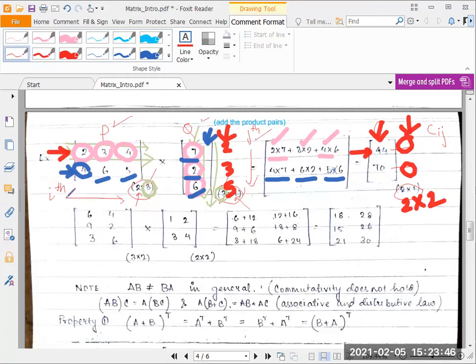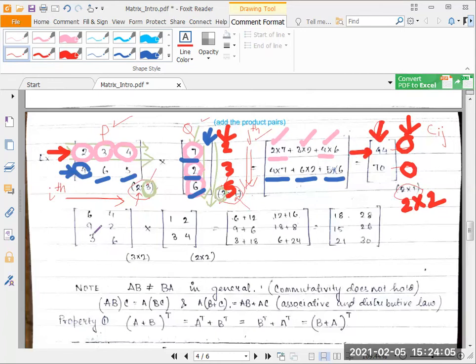For the ith row you go in this direction, and for the jth column you go in this direction. Which row and which column will take some time, but if you want, you can revisit this video and it will become easier. With practice, it will become easier. So that's how you do matrix multiplication.